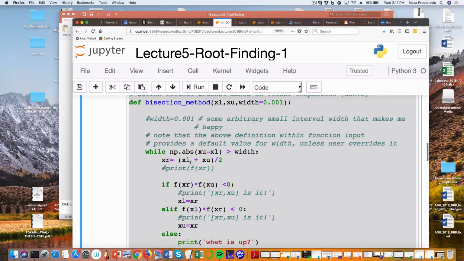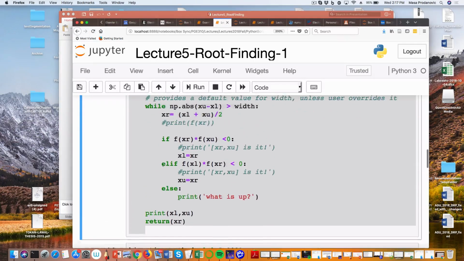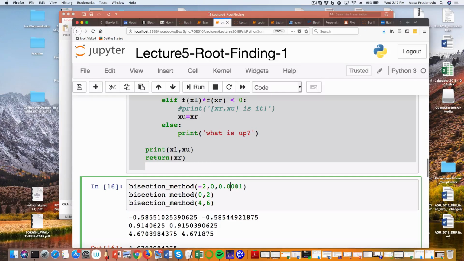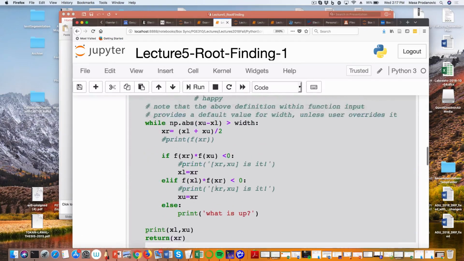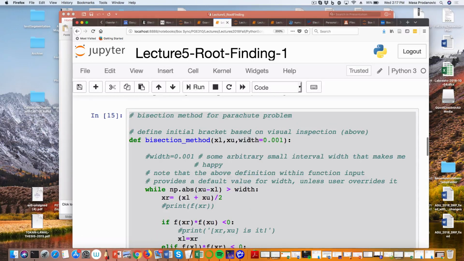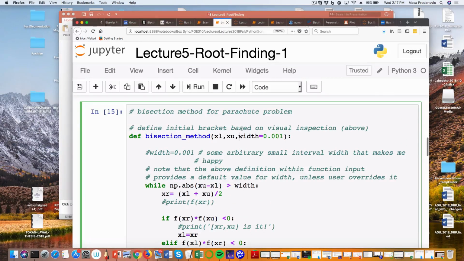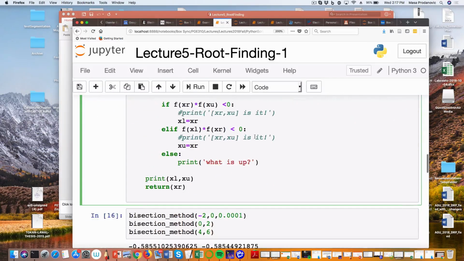And we have actually programmed it as a function, so I can actually try it out. I have programmed it not only as a function, but also so that I can, if I wanted to, modify my stopping criteria, the stopping width that I'm happy with.